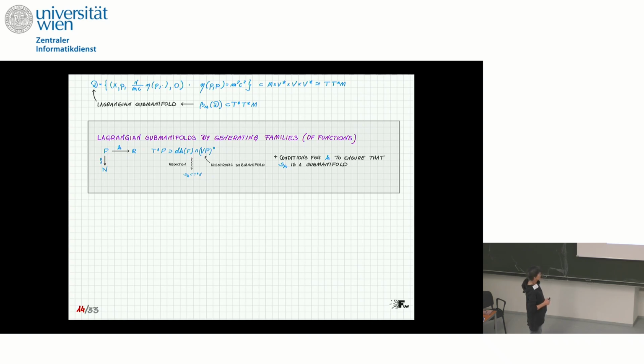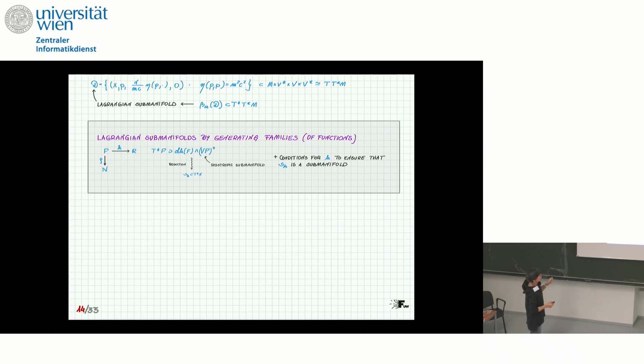It means that we look for such points in F that this function has vertical differential 0. The differential vanishes on vectors vertical with respect to this projection. And then at these points, the differential is really a pullback of some covector from N to this particular point.